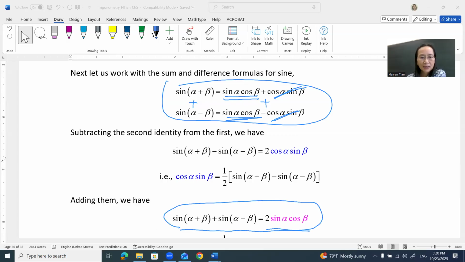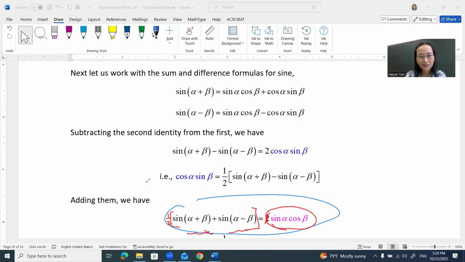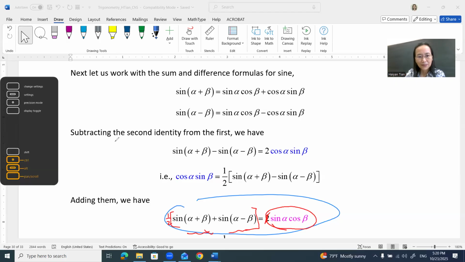And then this is another formula. This formula can be simplified if we divide by two on both sides. Then you see we can express this other product, which is sine alpha cosine beta, into the sum of two function values.